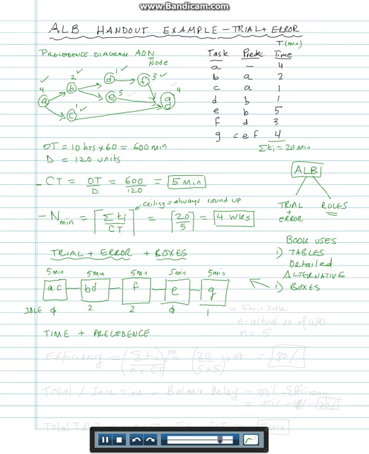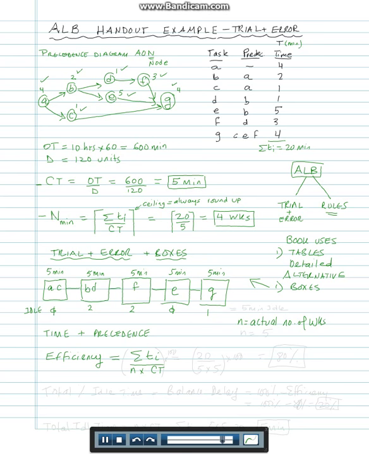So by doing this, you've finished assigning all the tasks, and now you come to calculating the metrics for this. What are the metrics that are relevant for this assembly line problem? Efficiency of the assembly line is calculated by the sum of the task times divided by little n multiplied by the cycle time. Little n is the actual number of workstations.